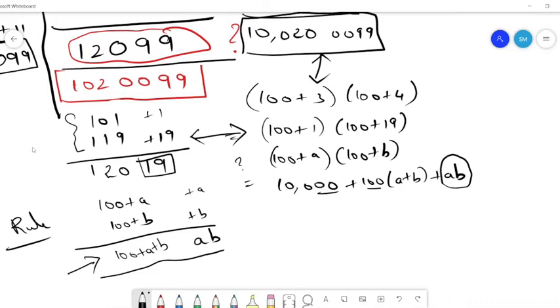Can you similarly explain the differences also? So you have some number 100 minus A into 100 minus B, like 96 into 94. So here we write minus A, we write minus 4 here, and here we write minus 6, and we write a minus B here.